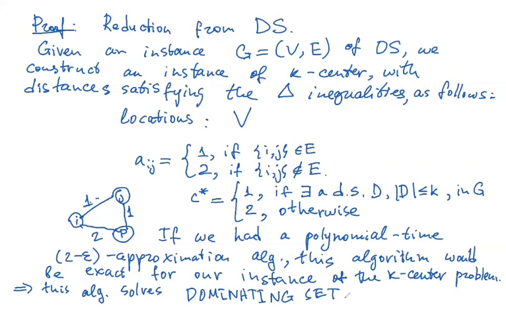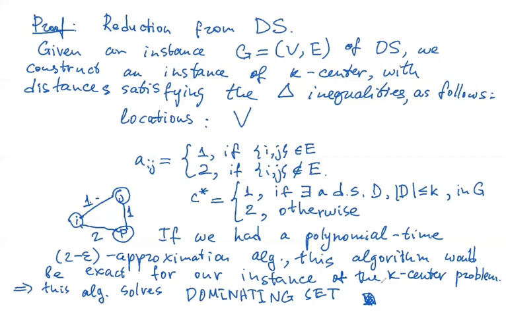Therefore, we reduce the dominating set problem to the problem of approximating the K-center with the approximation ratio of 2 minus epsilon, which means that essentially the K-center problem is NP-hard to approximate within the approximation ratio of 2 minus epsilon for any positive epsilon.